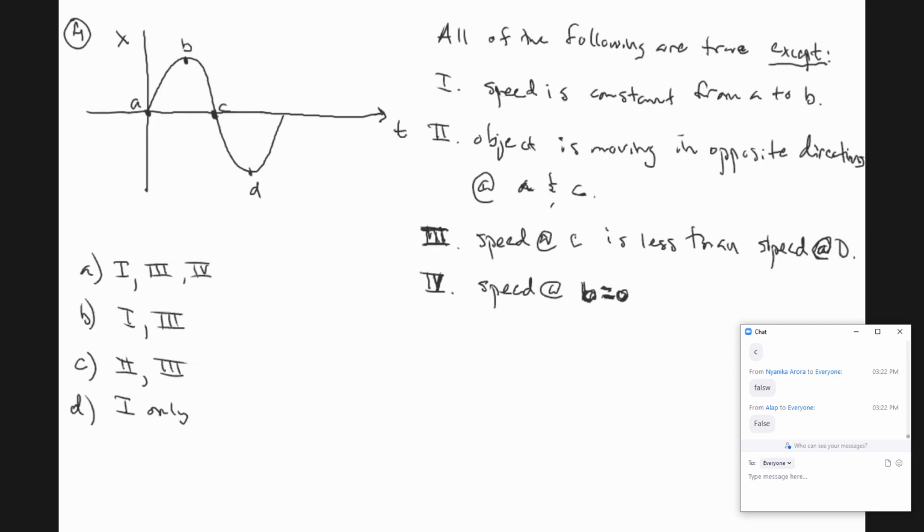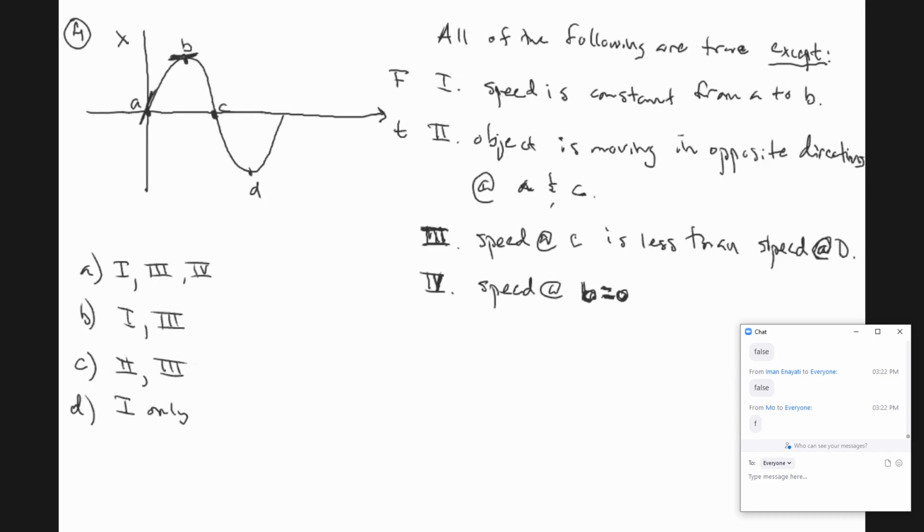Speed is constant from A to B. Is that a true statement or false statement? Good. Everyone's in agreement that that is a false statement, right? It's going from some positive value here to 0, right? It's constantly decreasing. There's some constant to it, but it's definitely not constant.